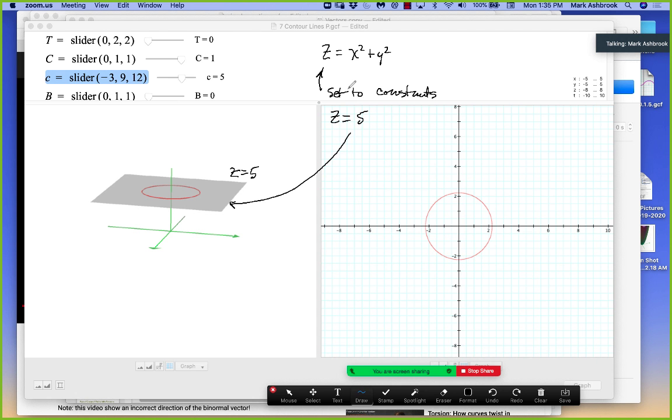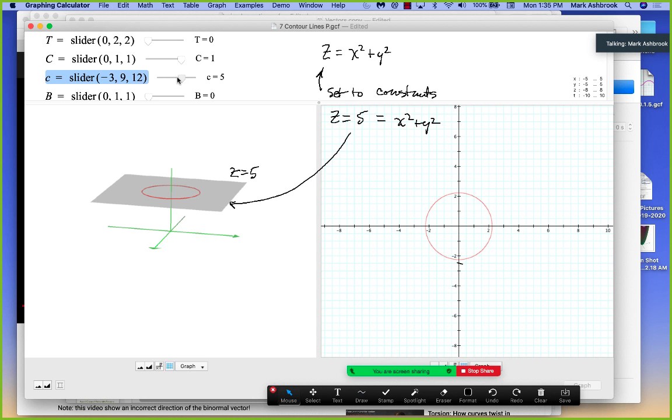And what curve do we get for that? We get 5 equals x squared plus y squared, which is a circle of radius square root of 5. And so that's a level curve. When you take many level curves such that your z increment stays the same, it forms a contour plot. So my z increment here is just 1.